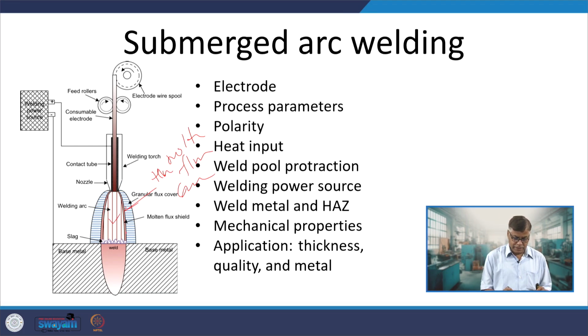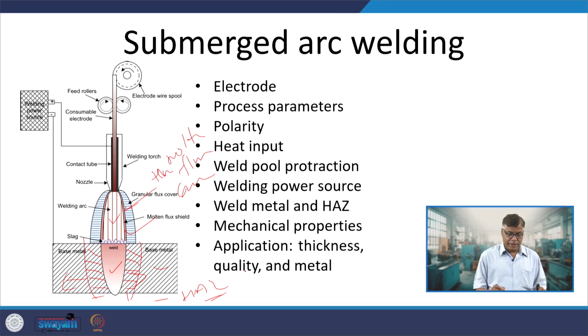So, this is arc, this is the thin molten flux cover, and this is the weld pool, this is the base metal. Part of the heat being supplied during the welding will be dissipated to the underlying base metal, and that will be producing the heat affected zones. Next to that there is a heat affected zone.